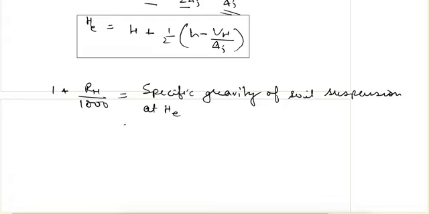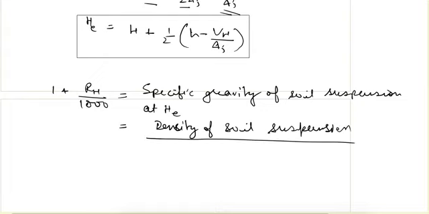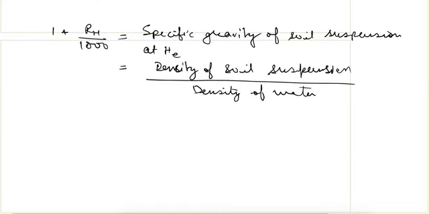So it will be equal to the specific gravity of soil suspension, which we can write as the density of soil suspension divided by the density of water. Now this is again at He.